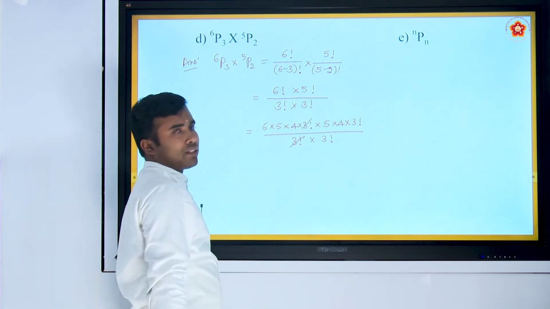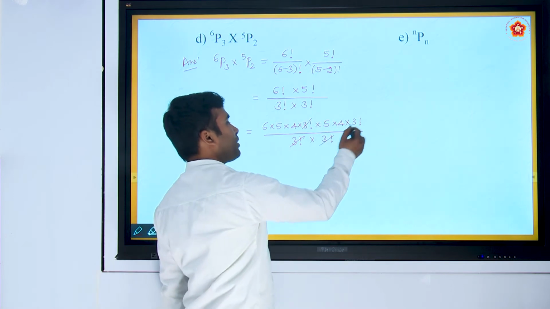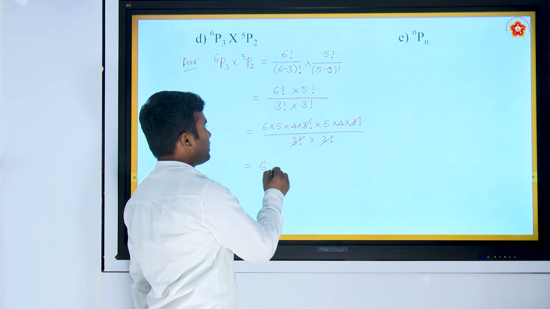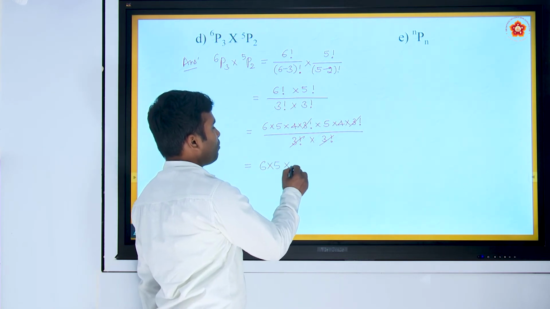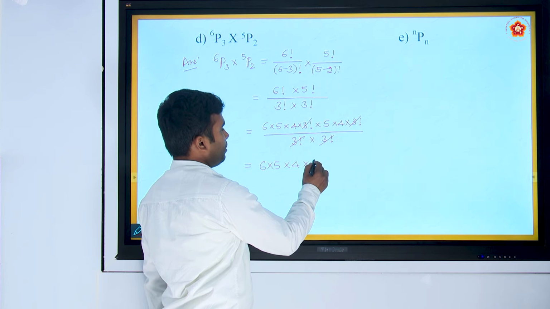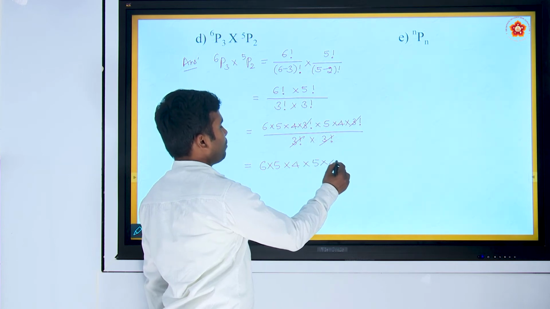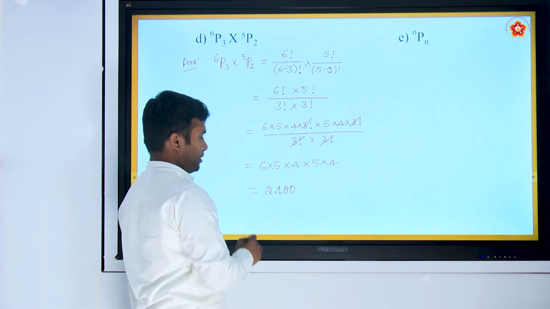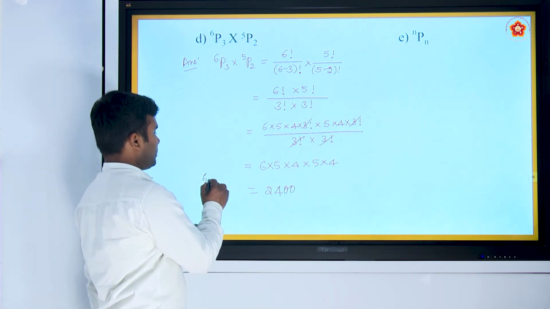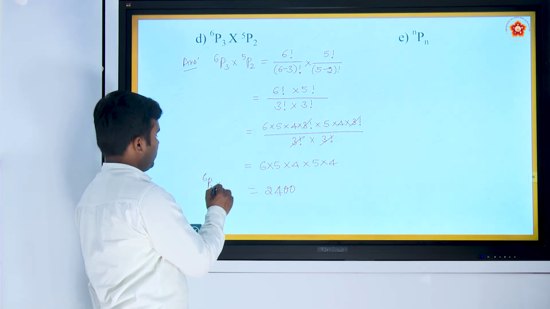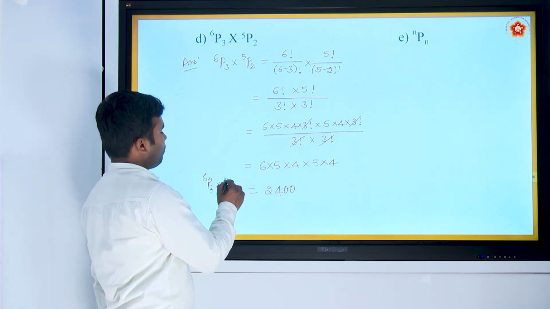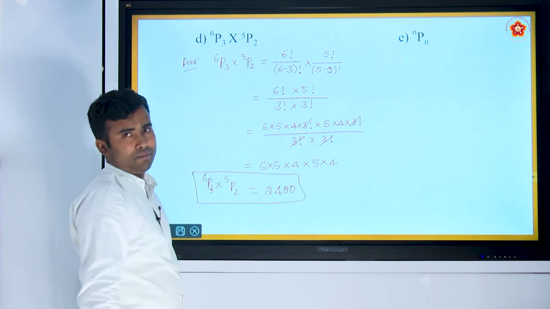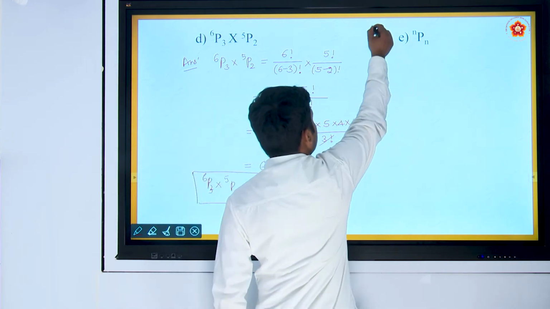One 3 factorial cancels, and the other 3 factorial also gets cancelled, and I am left with 6 into 5 into 4 into 5 into 4. So the answer is 2400. The value of 6P3 into 5P2 is equal to 2400.